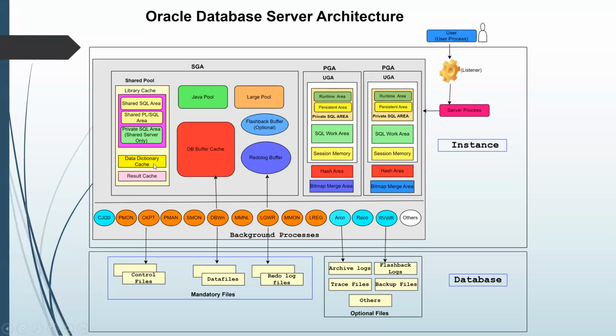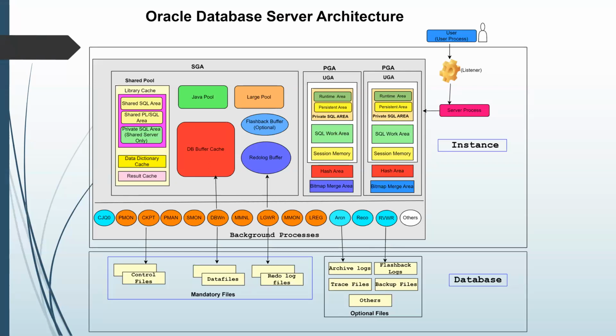Now what exactly is the data dictionary cache? In Oracle, there is various information internally present within the database itself, which the database uses for itself as well. Information like how many users are present in the database, on which date the database was created, what is the name of the database, what is the current size.